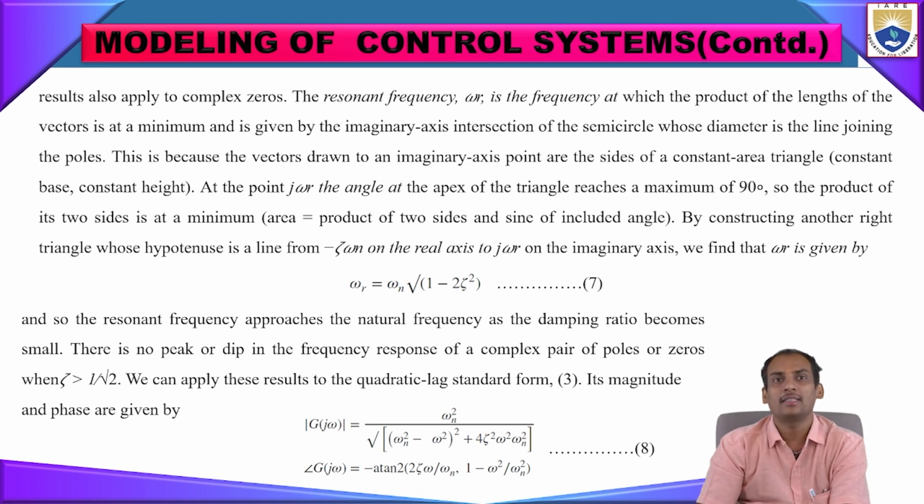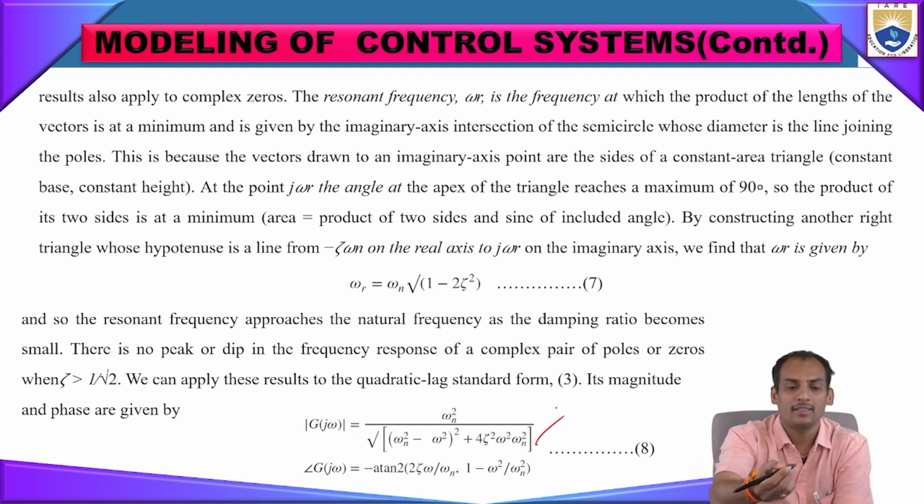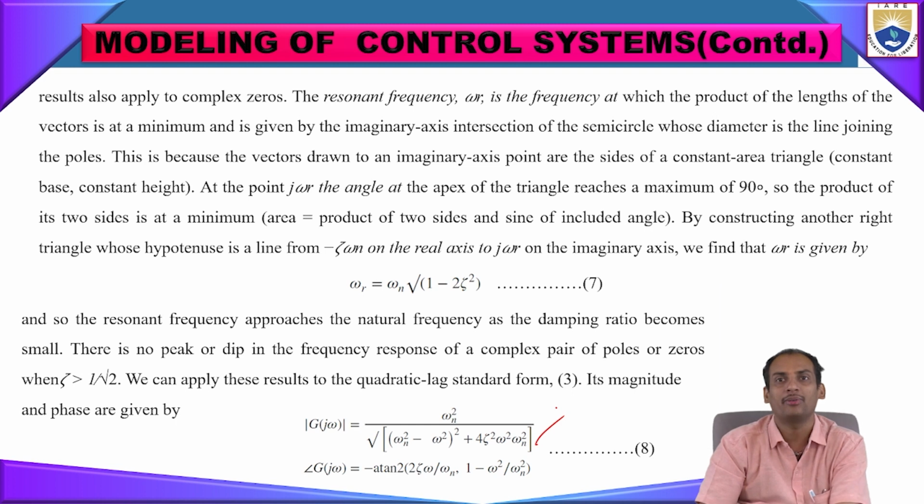So when zeta is greater than 1 by root 2, we can apply these results to the quadratic lag of standard form. That standard form of equation with the imaginary part is written here. G of j omega will be equal to omega n square by root of omega n square minus omega square, whole square, plus 4 zeta square omega square omega n square.